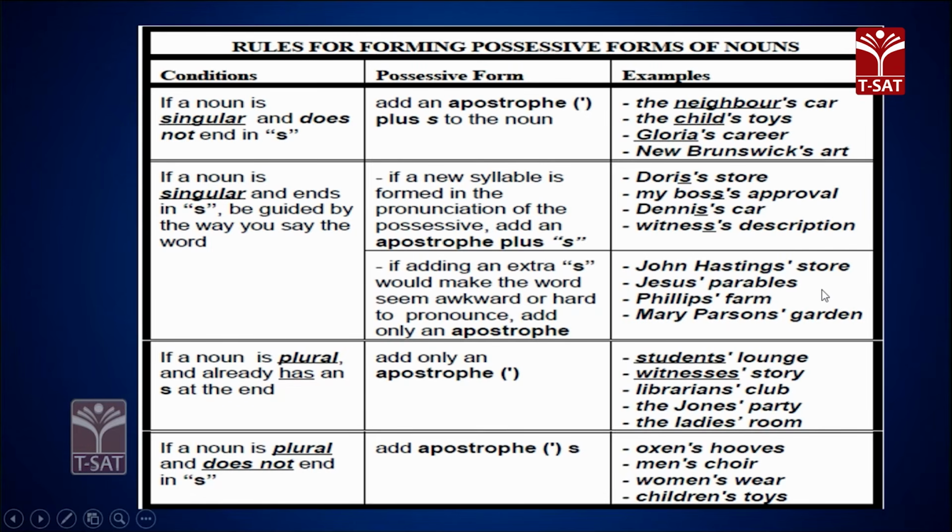It is not John Hastings's store. Simply John Hastings' store. In the earlier cases, the pronunciation is not going to change: Doris's store, my boss's approval, Dennis's car, witness's description. But here John Hastings's is a little awkward, so we are going to add only one apostrophe.